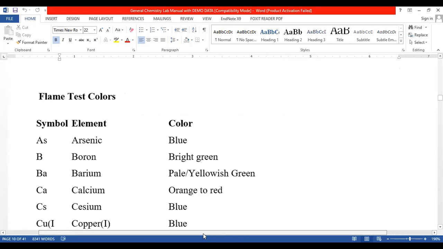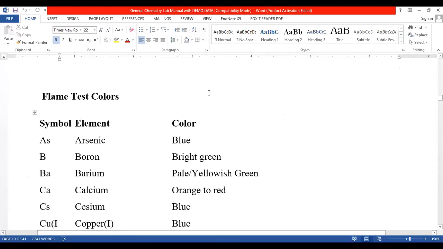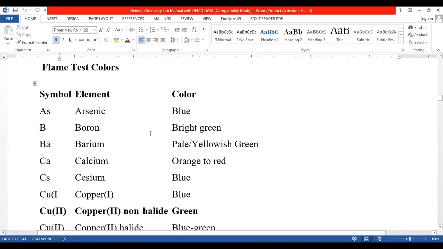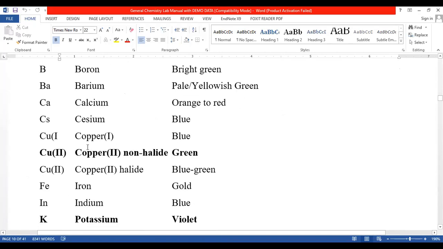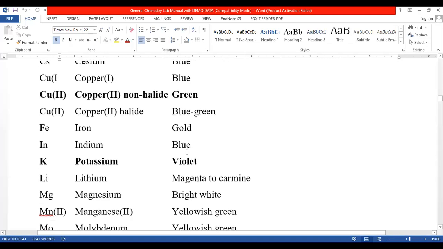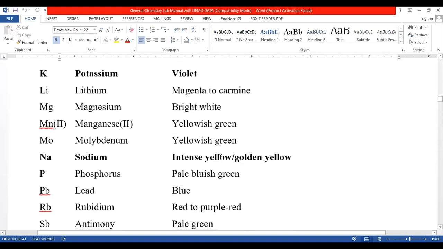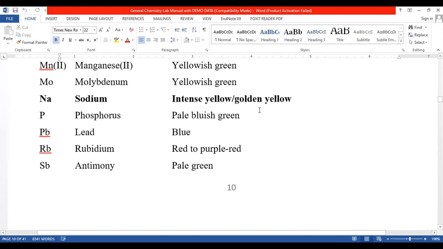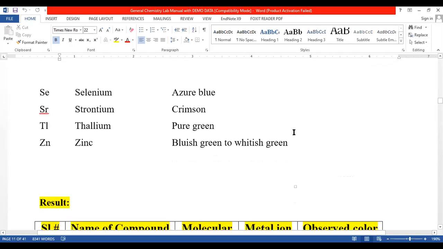Here is a chart which will help us find out the existence of an element by using the color. Copper(II) non-halide will show green color, potassium violet color, sodium intense yellow or golden yellow color.